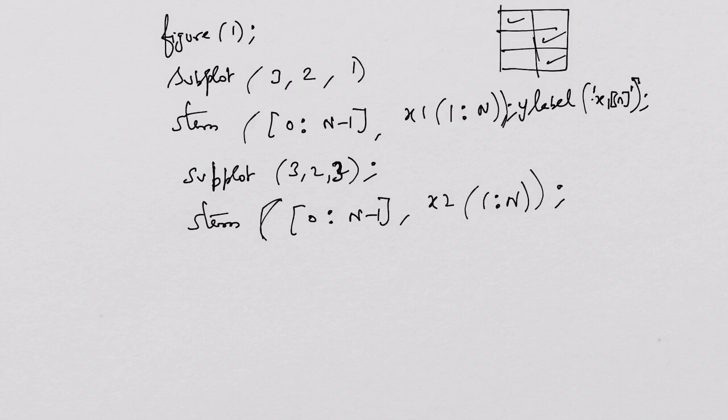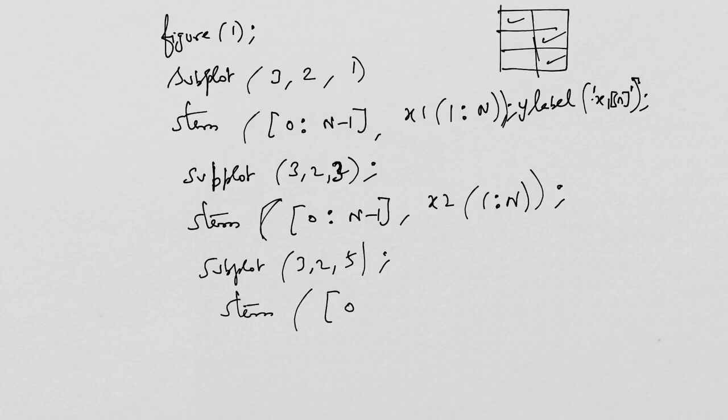But when you plot the sequence, for example, I have subplot of 3, 2, 5, stem of 0 colon n minus 1, comma x3 of 1 colon n. Sorry, last one is not necessary, it seems. You can just put a semicolon over here.